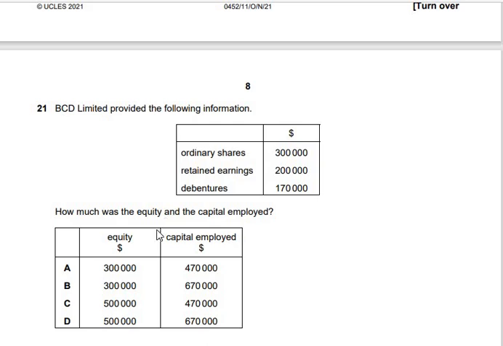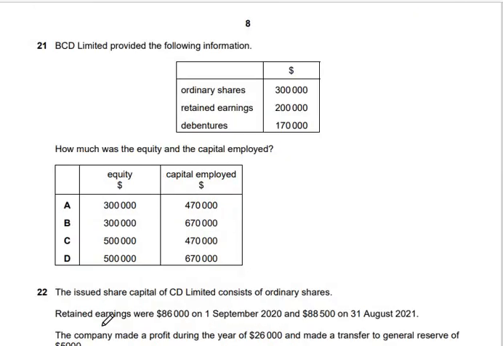Limited provides the following information. We have ordinary share, retained earnings, and debentures. Then it asks how much the equity and the capital employed are. Let's remember that the capital employed is the capital of the business plus long-term liability. This is the total amount which is invested in the business, in the company.